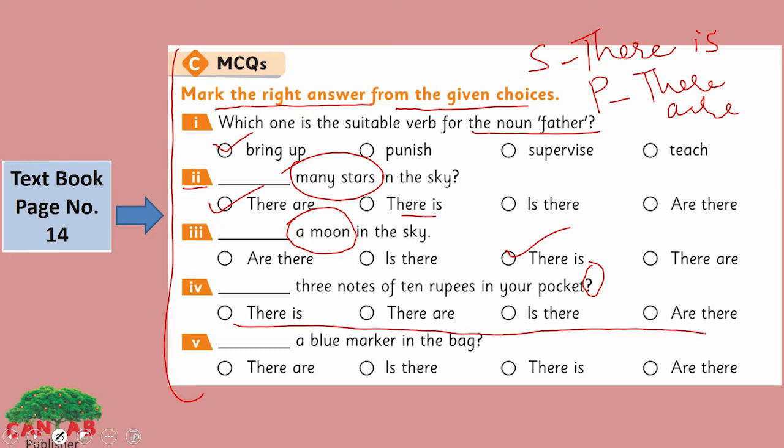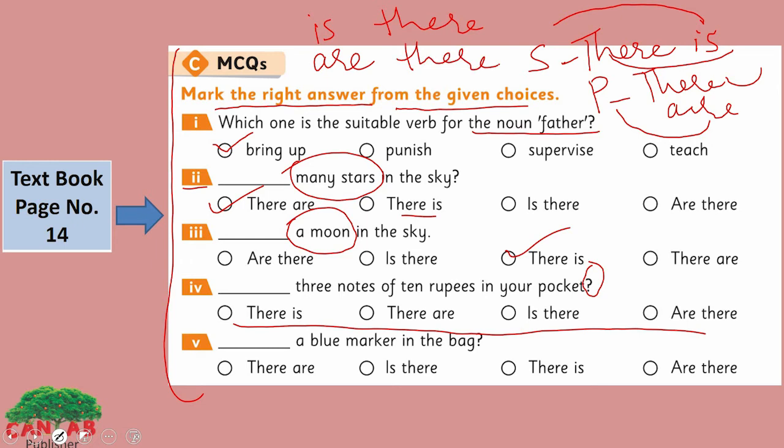If you ask a question, you have to switch this. In a question, you have to put is first and there after. In plural, you have to put are first and there after. Like this. Is there? Are there? And a question mark at the end of the sentence.